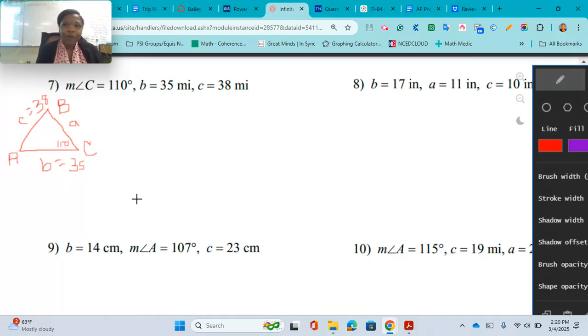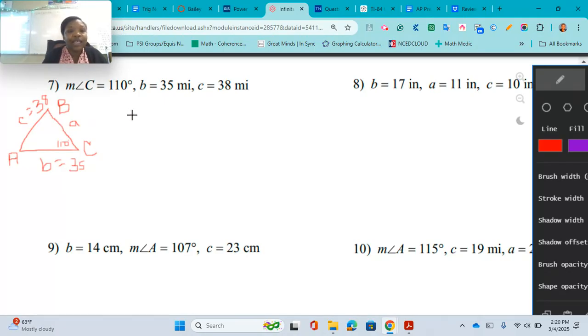All right. And first we need to solve the entire triangle. So first, we want to see if we could do the easy law. Can we do the law of sine? Yes. So we could use a proportion.